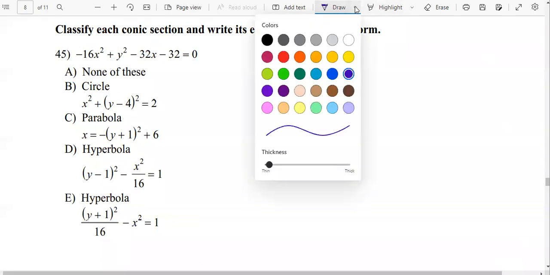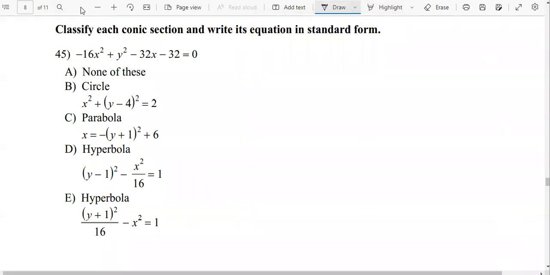And now let's answer number 45 and we'll be done with this video. Okay. Same kind of situation. We're going to add 32 over to the other side. And we're going to split up the x's to -16x squared minus 32x. And the y's, we've just got y squared again, so we won't add anything there. And don't forget we've got this 32 here.